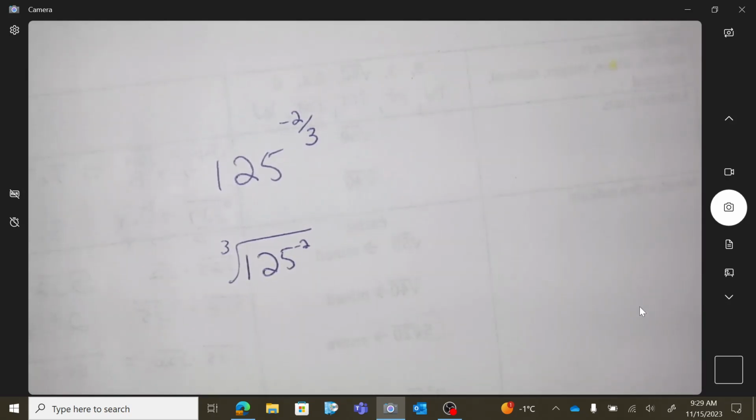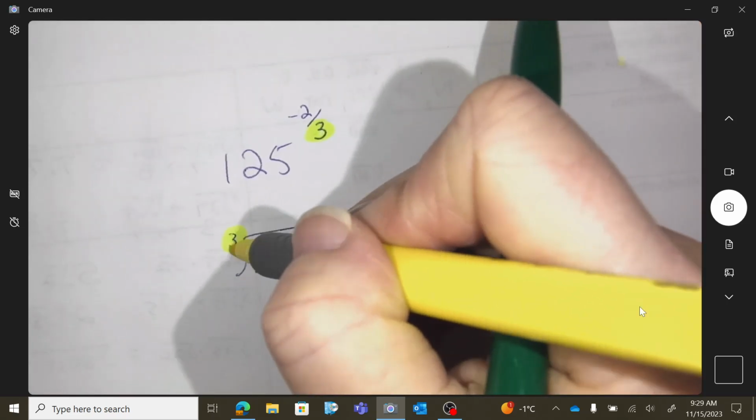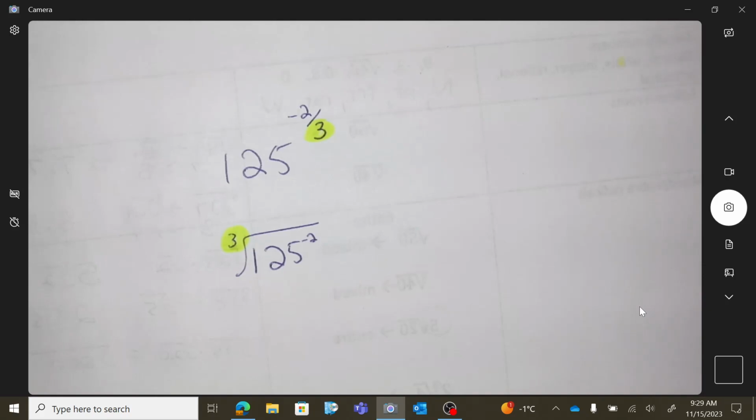So this question, the 3 on the bottom means doing a cubic root, right?